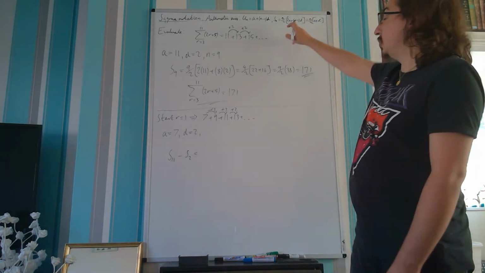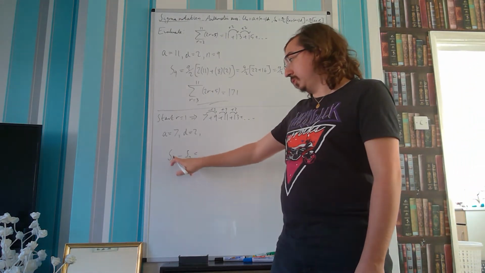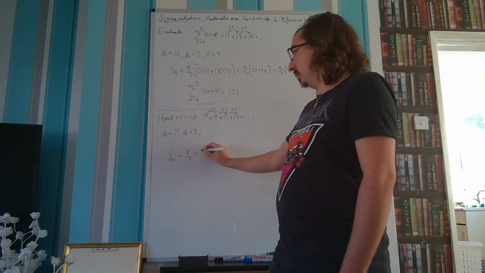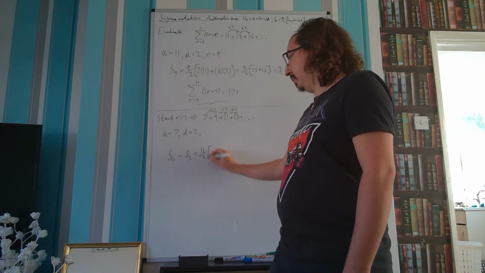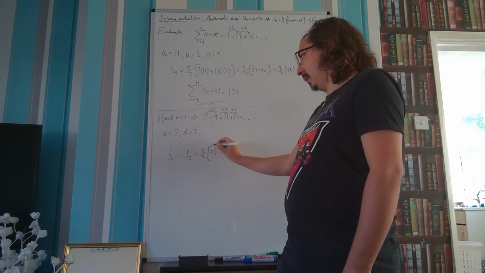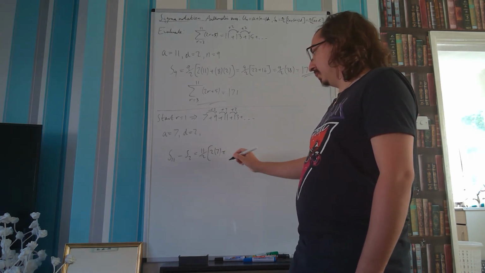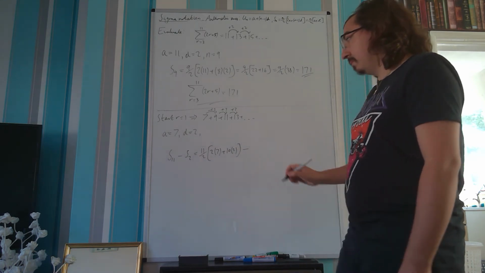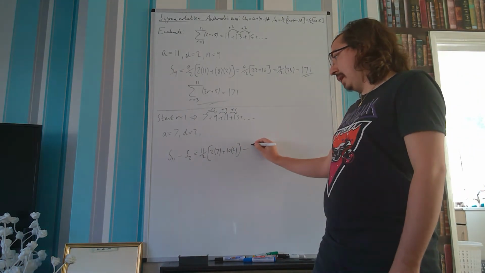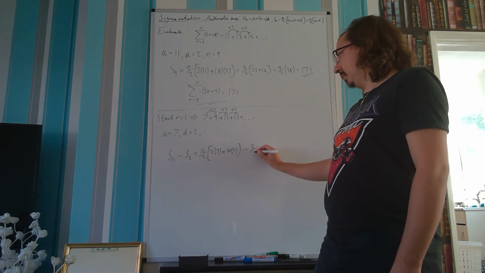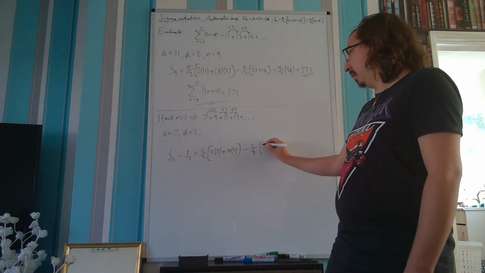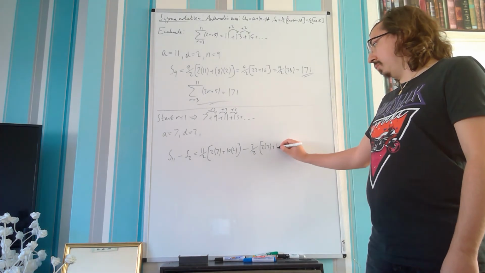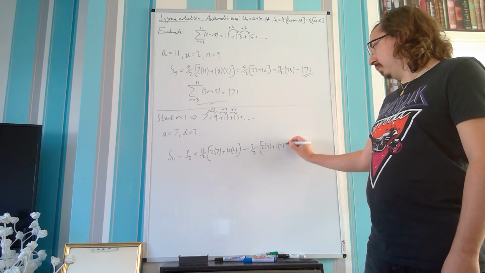So again, we're going to use the summation formula. The first one is going to use n equals 11, the second one is going to use n equals 2. So you've got 11 over 2 times 2 times our a, which is 7, plus n minus 1, which is 10, times d, which is 2, minus our sum of 2, which is 2 over 2, times 2 times a, which is 7, plus 2 minus 1, which is 1, times d, which is 2.